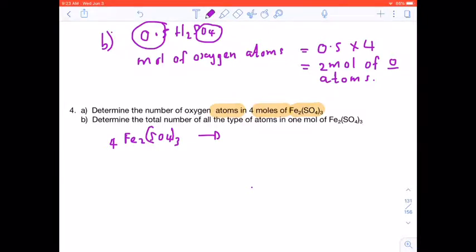Once we know the principle, we know what we're talking about. So it becomes 1 mole of ferrous sulfate.